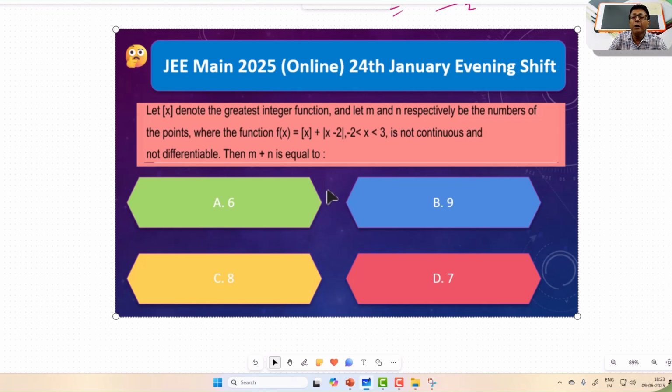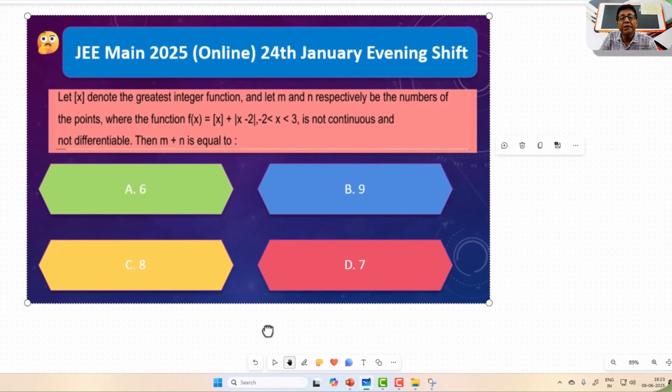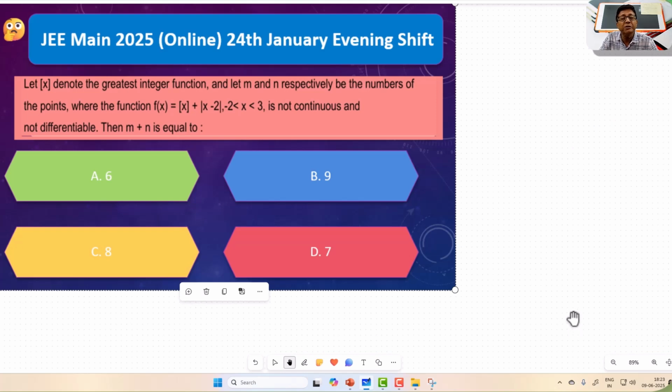There is no problem with continuity of the modulus function. This function mod x minus 2 is continuous everywhere. Am I right?